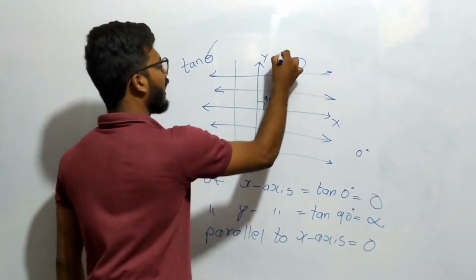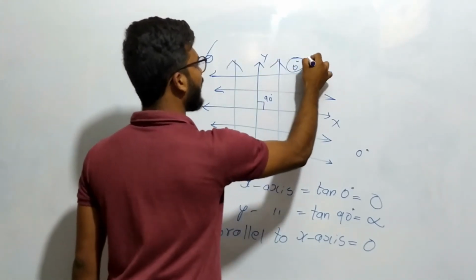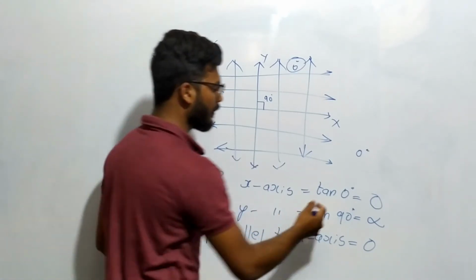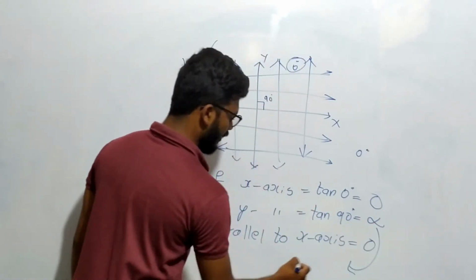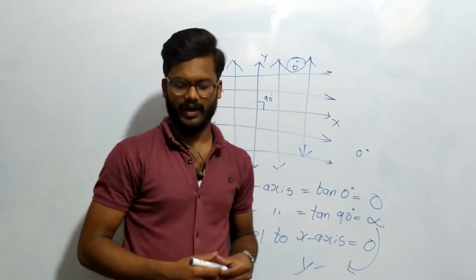And in the same way, any line parallel to the y-axis makes 90 degrees with the x-axis, so any line parallel to the y-axis will have the slope undefined.